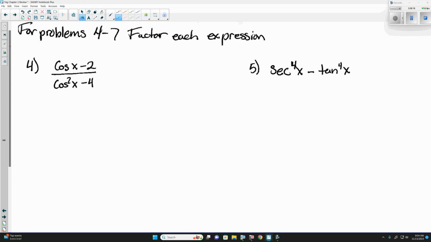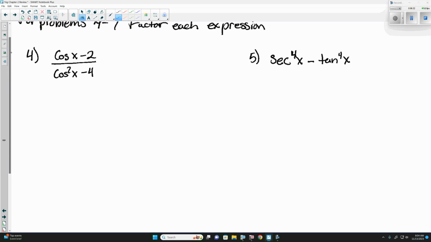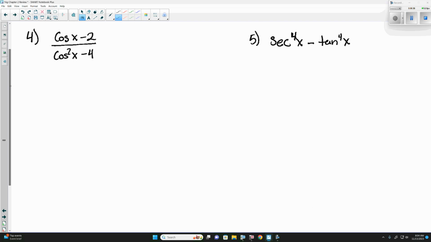4 through 7, factor each expression. Which one do we want to look at first? Number 4. Cosine of x minus 2 over cosine squared of x minus 4. Well, the numerator is as simplified as it gets, because cosine is to the first power, and there are no like terms between cosine and 2.